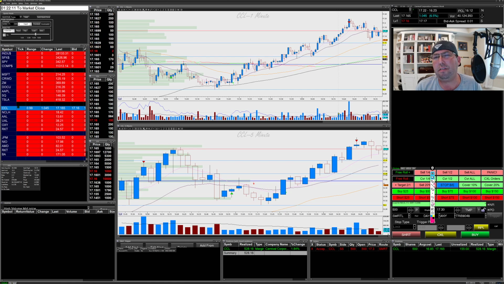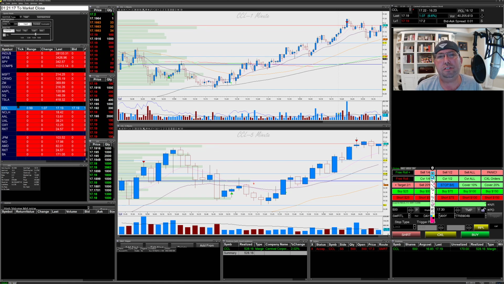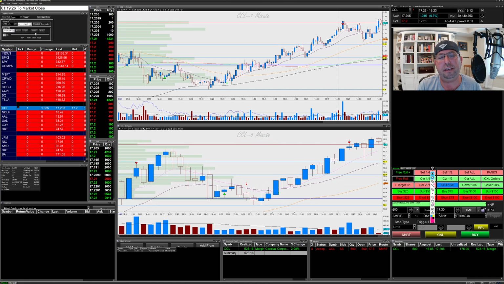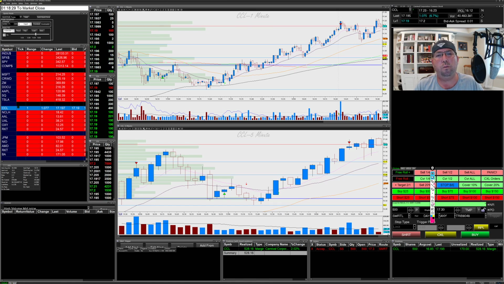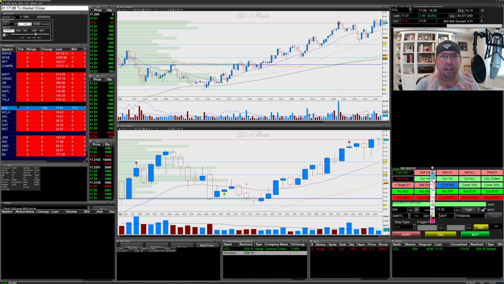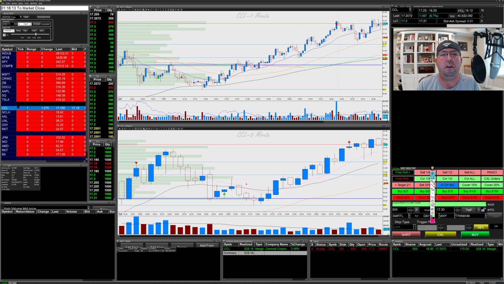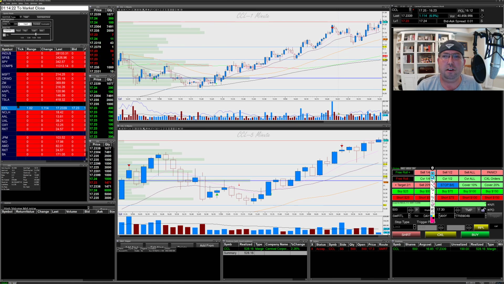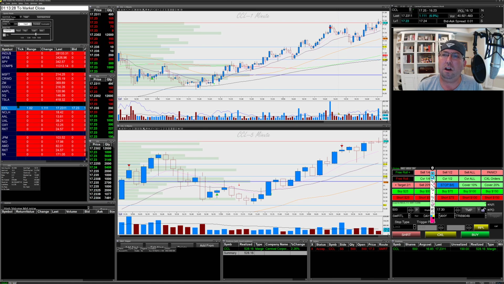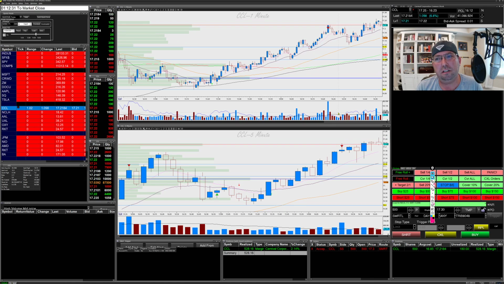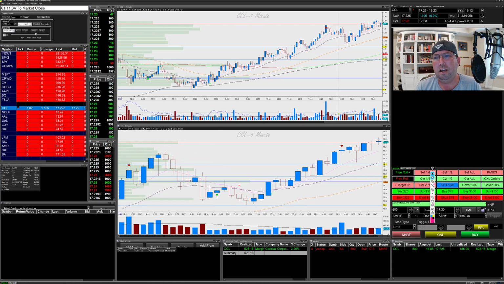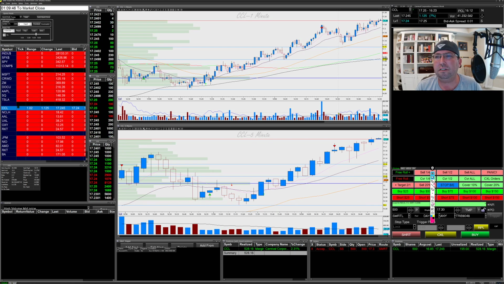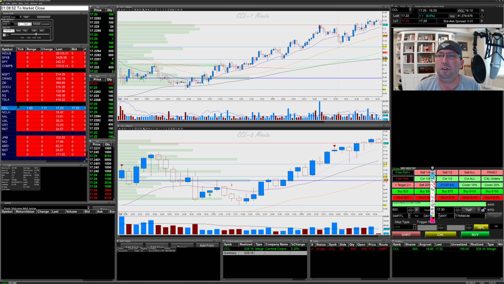So expecting $3 or $2 moves out of CCL isn't really viable, and that's one thing you should consider as you're putting these things together: when you're trading the stock, how far can this really go, and make sure you're sizing appropriately. Playing 50 shares or 100 shares on CCL often doesn't give you a lot of return, because you have a stock that, even on its best days, only moves a couple of dollars. So it's going to be really hard to squeeze good profit out of it.